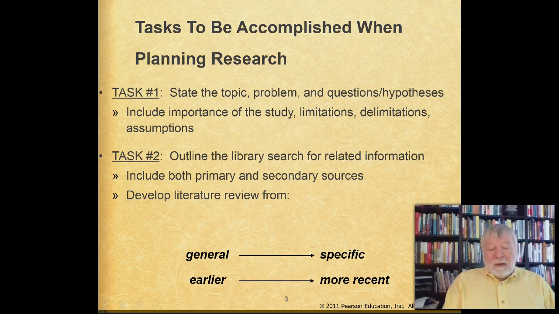As we begin developing the literature review, there are two general ways to look at this: moving from very general types of literature to more specific types of literature, and also moving from early research to more recent research.